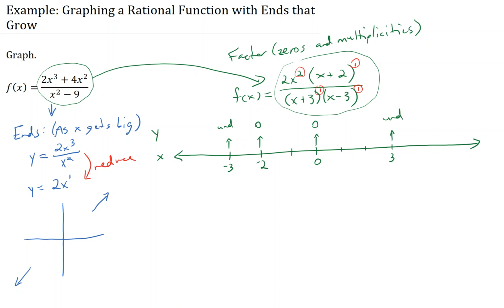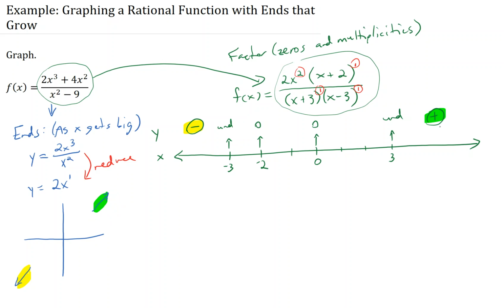Okay. Now, I'm going to go over here to my end behaviors, because those are going to tell me the y values on the left and right ends of my number line chart. So on the left end of my number line chart, my y values, according to my end behavior over here, are negative. They're below the x-axis. And on the right end of my end behavior graph, my y values are positive.